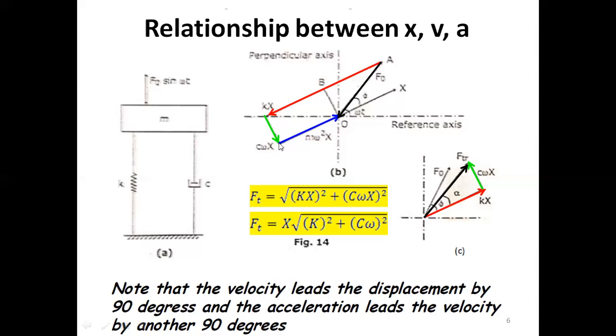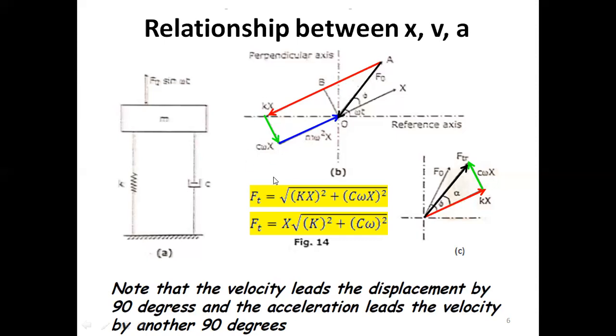Adding this by the head and tail method, this is the inertia force. And if we join the tail of the first vector with the head of the last vector, we would have the resultant, and the resultant in this case is the magnitude of the excitation force F naught.